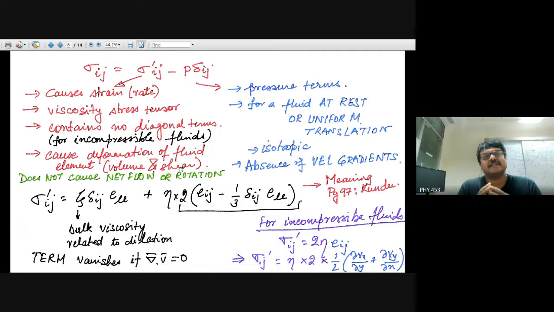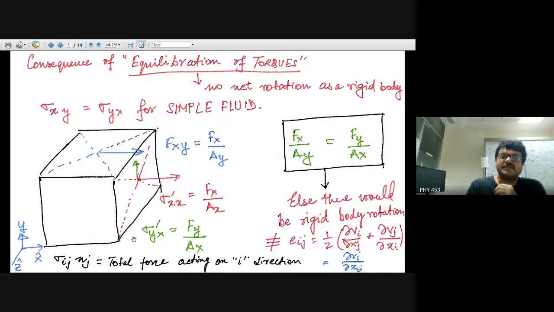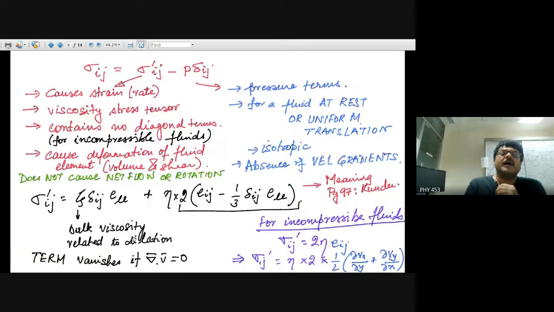Okay. So the next thing we are going to do is, this sigma ij, the stress tensor that we have been talking about, has also a part which is coming from the thermodynamic pressure. So basically, viscous forces act only when there is fluid in motion and there is relative motion between the layers of the fluid.